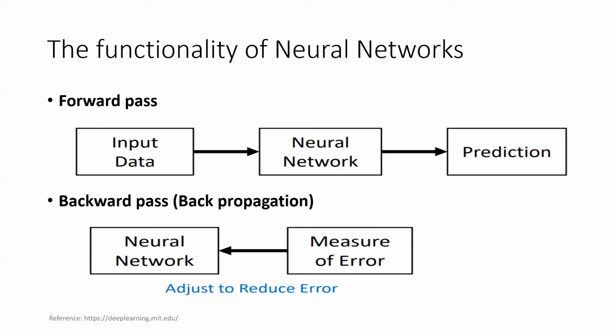So we go to the functionality of neural networks. You're going to see this further. Remember I said that other tools we use to perform deep learning are neural networks. Neural networks have a method called backpropagation. For backpropagation, we do a forward pass and then a backward pass. For the forward pass, we get a neural network, we input our data, and the neural network performs predictions.